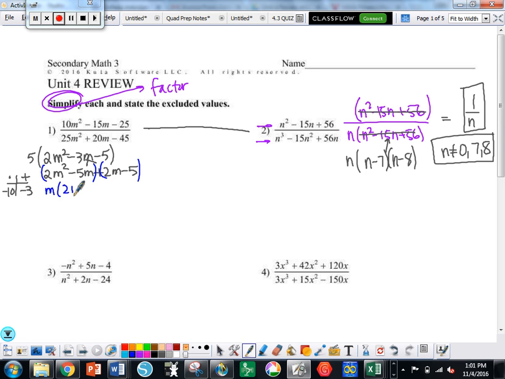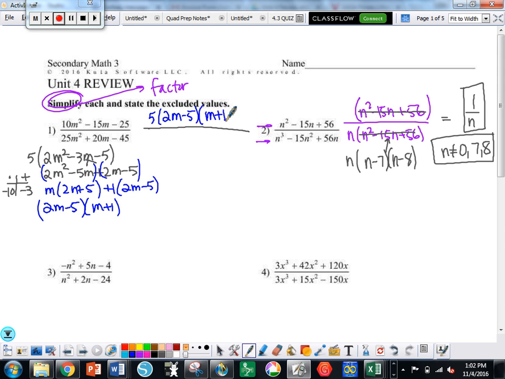We are left with 2m minus 5. The second group doesn't split, so plus 1 times 2m minus 5. They both have a 2m minus 5, and we are left with m plus 1. So the top factors out to be 5 times 2m minus 5 times m plus 1.